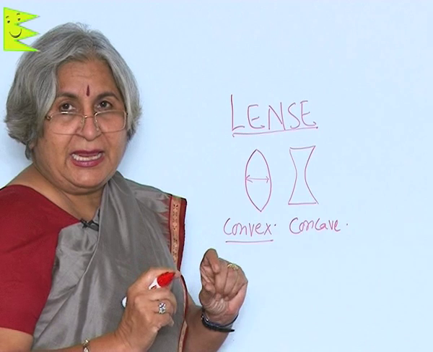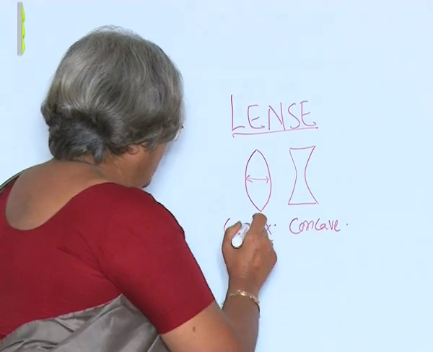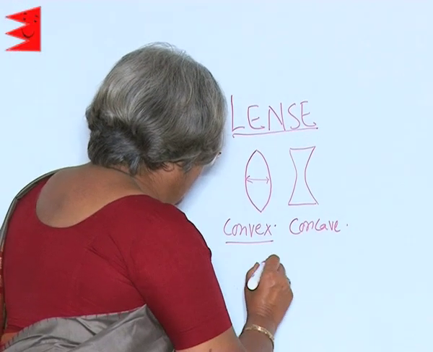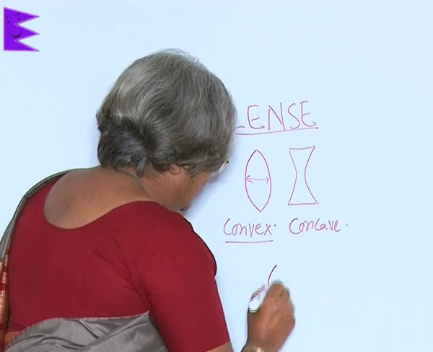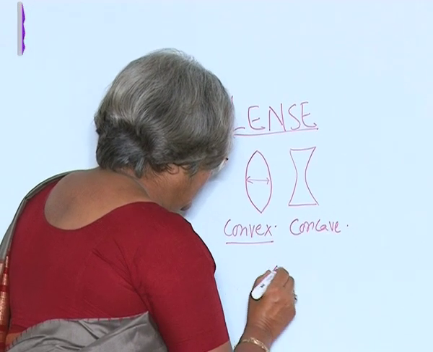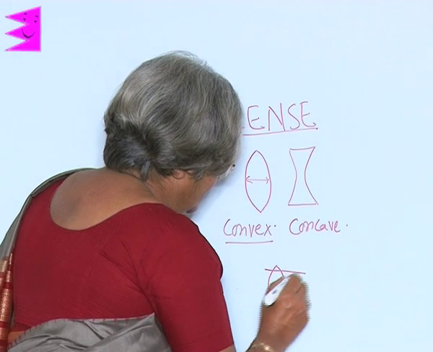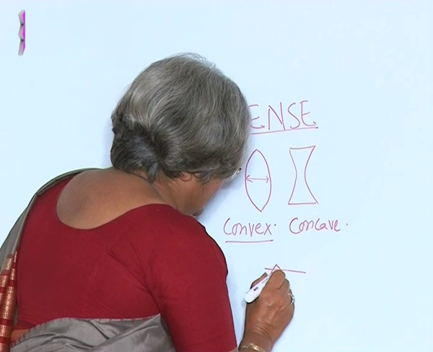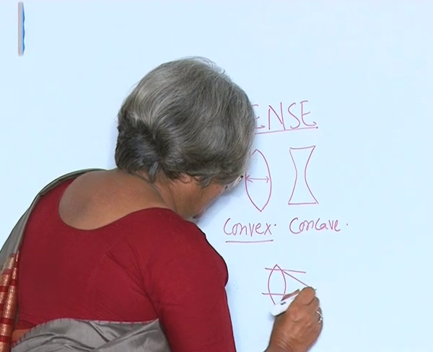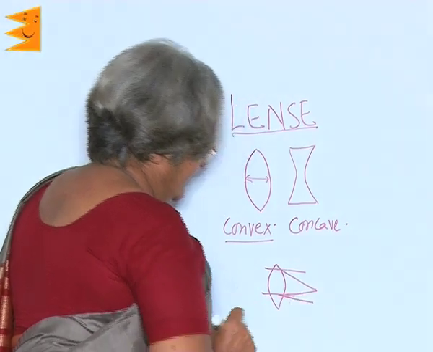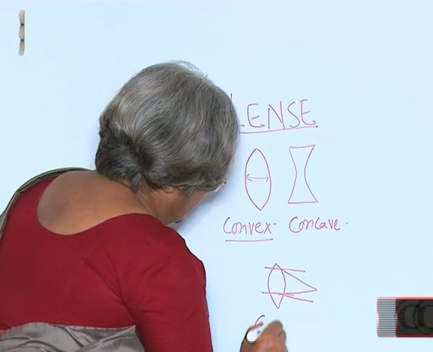When we want to see how the image is formed, what we find is that the beam of light, when it passes through a convex lens, converges like this. This is called convergence.